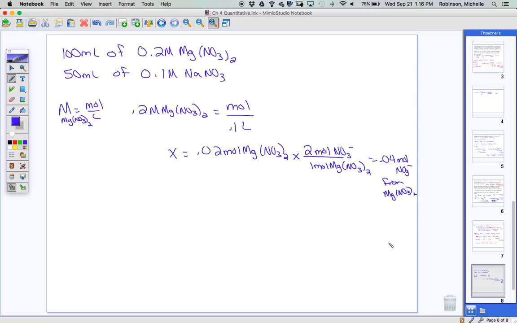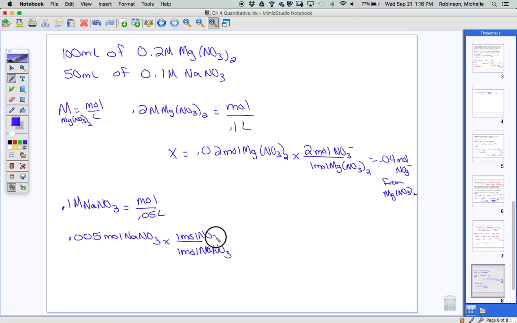Agree? Got to do the same thing for the sodium. So 0.1 molar of the sodium nitrate equals moles over 0.05 liters. So we multiply 0.005 moles of NaNO3, and for every 1 mole of NaNO3, whoops, how many nitrates do we get? 1 mole of NO3.